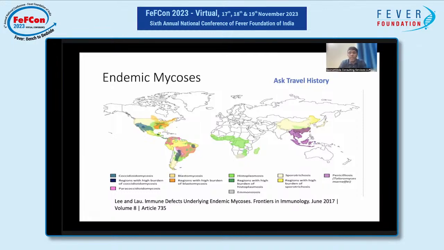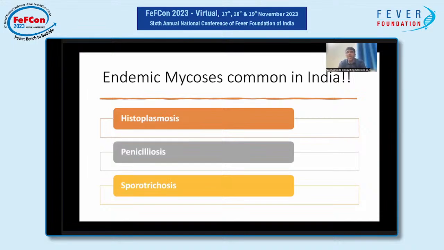Travel history is very important to identify the type of endemic fungus. In India, there are 3 types of endemic mycosis. Number 1, histoplasmosis. Number 2, penicilliosis. Number 3, sporotrichosis. These 3 names we should be familiar with.